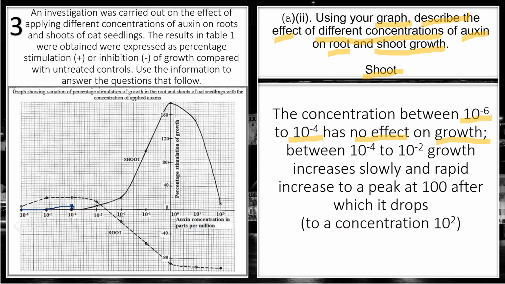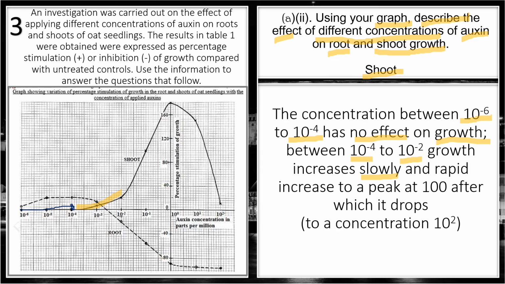And between 10 to power negative 4 to 10 to power negative 2, growth increases slowly. So from negative 4 to negative 2, you can see that there is a slow increase in the growth of the shoot.